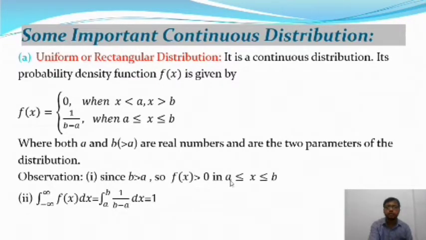So these two are the fundamental properties of the density function, and the uniform or rectangular distribution satisfies both: f(x) is greater than 0 in that interval, and the integration over minus infinity to plus infinity of f(x) dx gives the value 1.